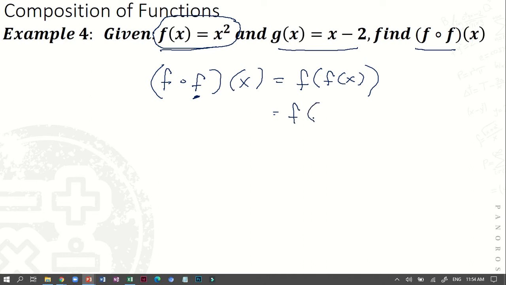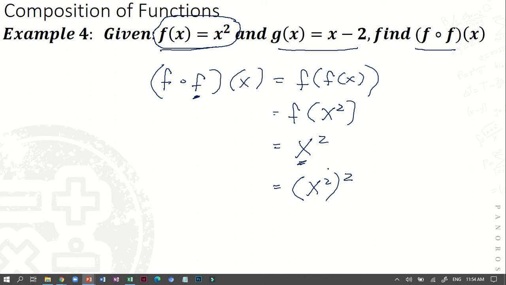Equals, copy f, replace the inner function with the function value, so that is x squared. Equals, primary function or first function, we have x squared. Wala nang karugtong. Next, tanggalin ng x, palitan ng x squared, palitan ng value niya, siya pa rin yun. Okay, so that will become x squared. And then, ibalik ang second power.